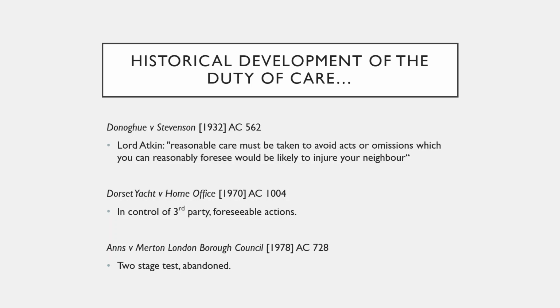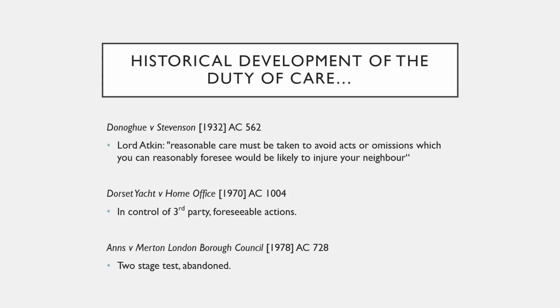She wouldn't have been able to sue in contract because she wasn't party to the contract. Her friend bought the drink from the cafe owner. She wasn't in that. So tort law basically shows that there isn't a contract there, but the relationship exists otherwise. And in this case, Lord Atkin developed the neighbour principle, which he said reasonable care must be taken to avoid acts or omissions which you can reasonably foresee would injure your neighbour.